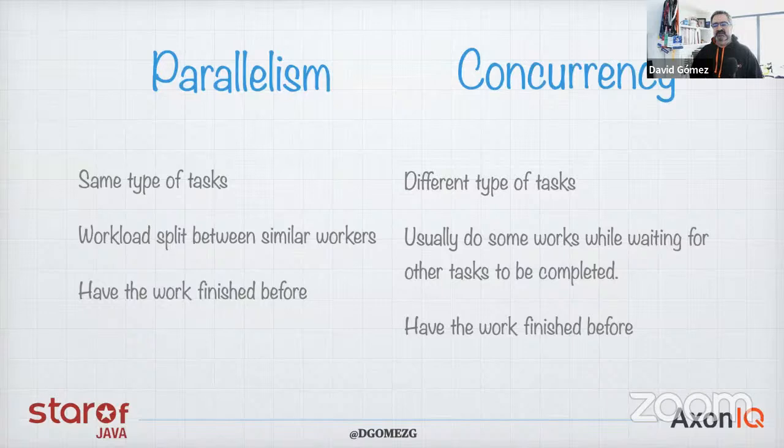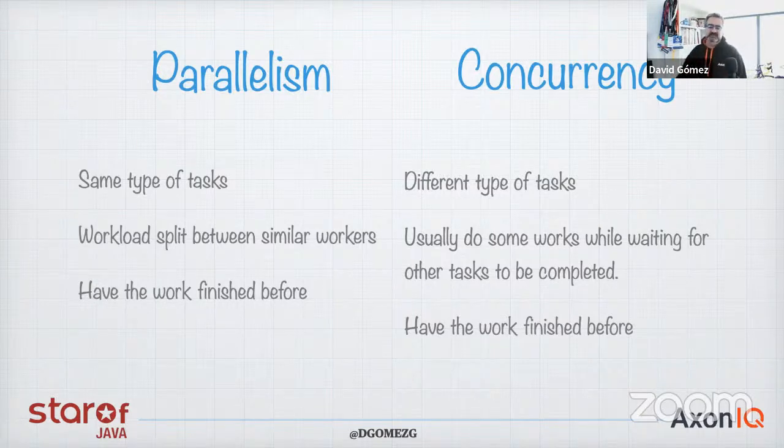So splitting the load of chopping and peeling the tomatoes and potatoes among, I don't know, 10 cooks, that's parallelism. The fact that we are peeling and preparing the ingredients while we wait for the oven to heat to a certain temperature, that's concurrency.